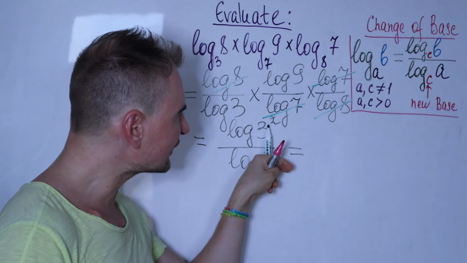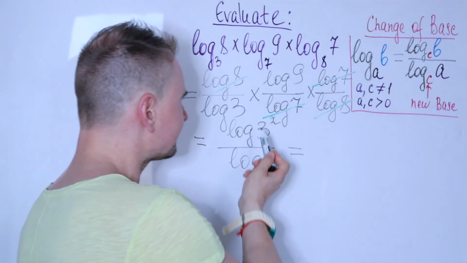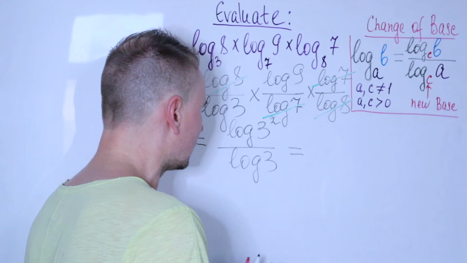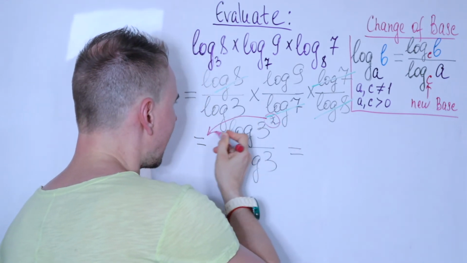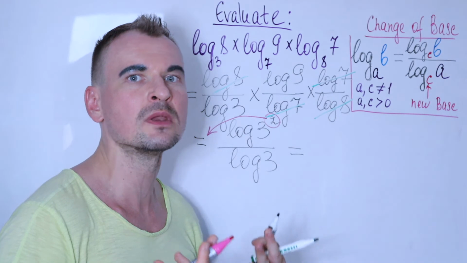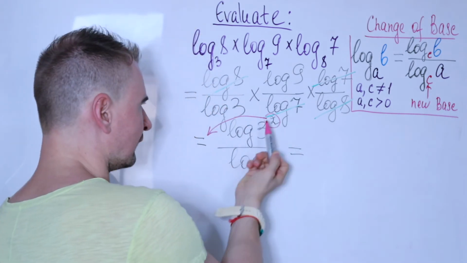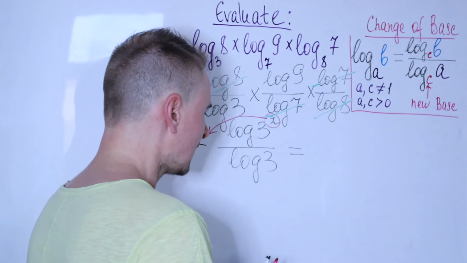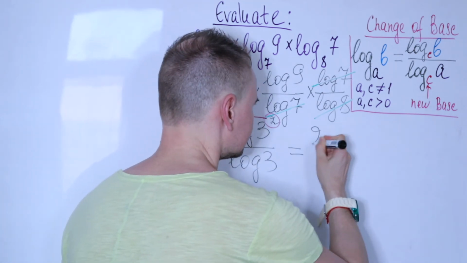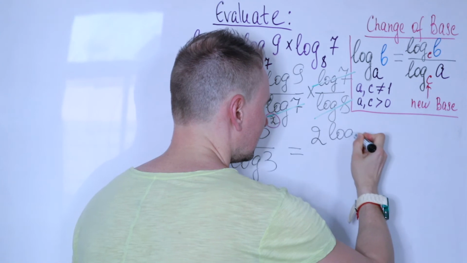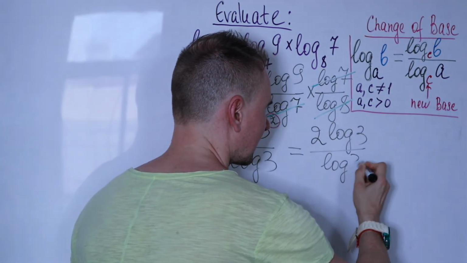And since I have 3 squared, we can simply drag this power down in front of your log by using the power law, the power property, or the power rule, if you like, for logarithms. So we pull down this power 2 in front of your log. So it becomes 2 log of 3 over log of 3.